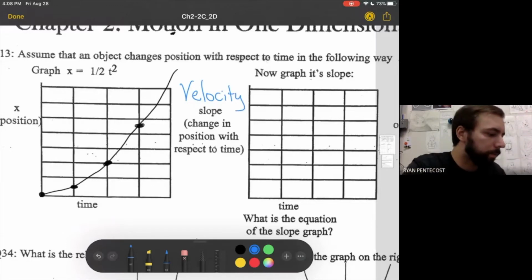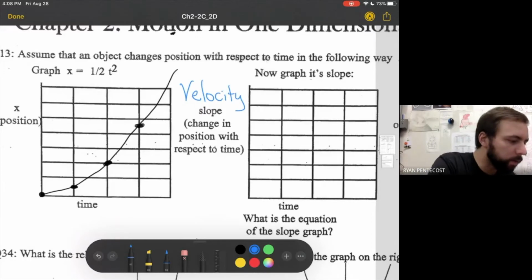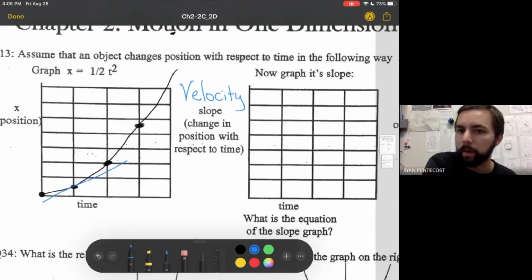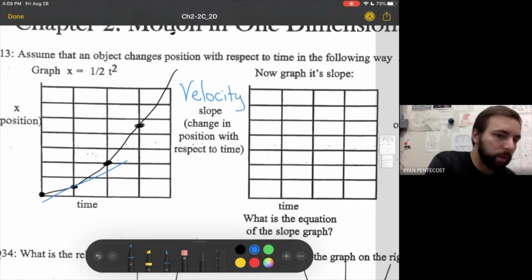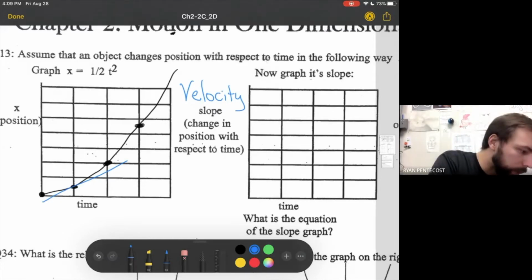So let's try and get the slope at each given point. Now this is going to be tricky. If we could do the derivative, we would already be able to know what the graph is supposed to look like. But it looks like that's really hard to estimate.